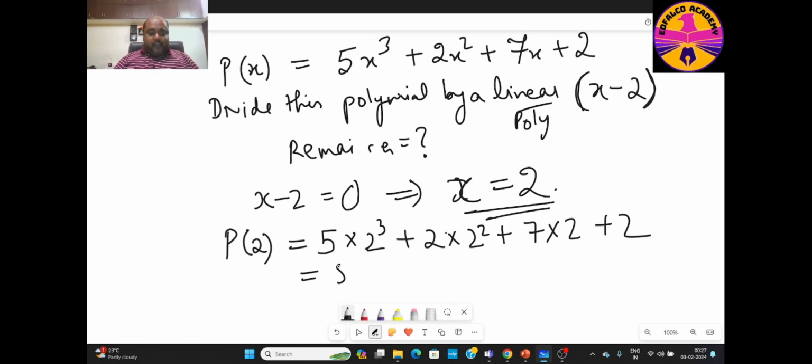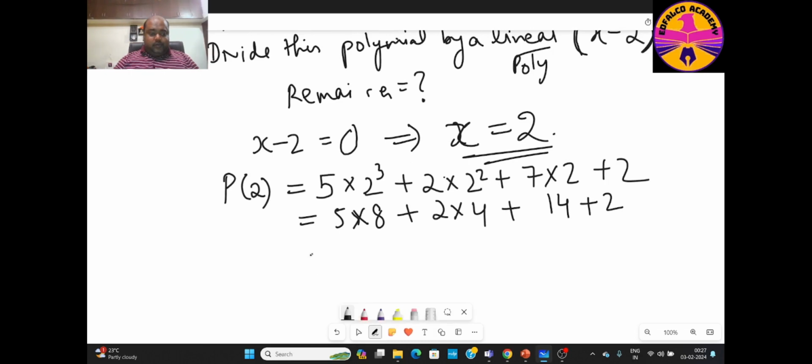So now this will become what? 5 into 2 cube is 8 fives, which are 40, plus 2 into 2 square, 2 fours are 8, plus 7 twos are 14, plus 2. So how much does it come? 40 plus 8 is 48. 48 plus 2 is 50. 50 plus 14 is 64, right?